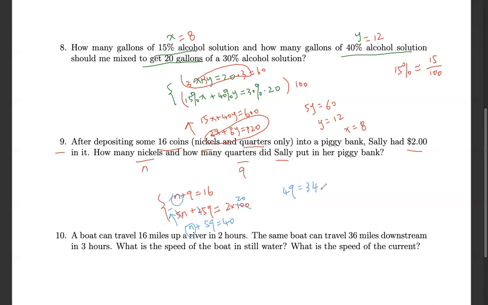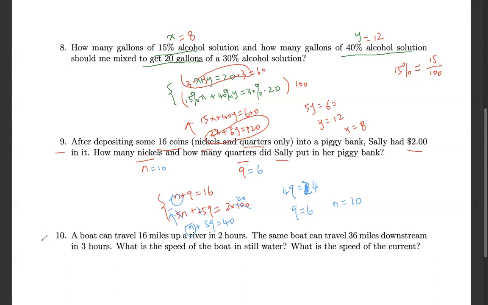That's 34, isn't it? No, 24. 24 plus 16 is 40. So divided by 4, Q equals 6. Q equals 6 quarters, and nickels is 16 minus 6, which is 10. So there are 10 nickels and 6 quarters.